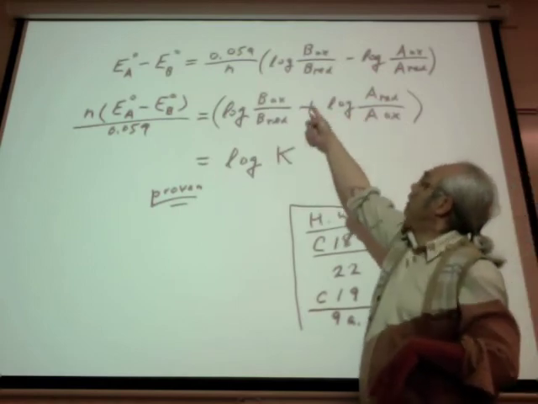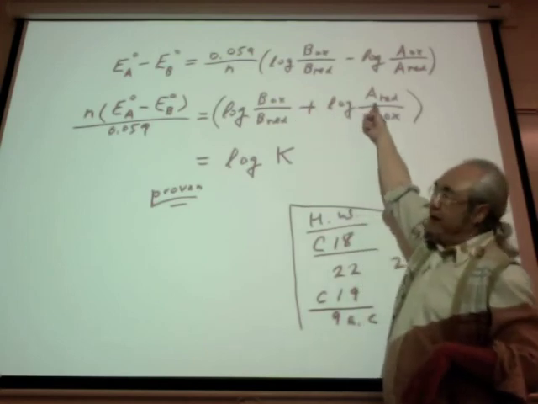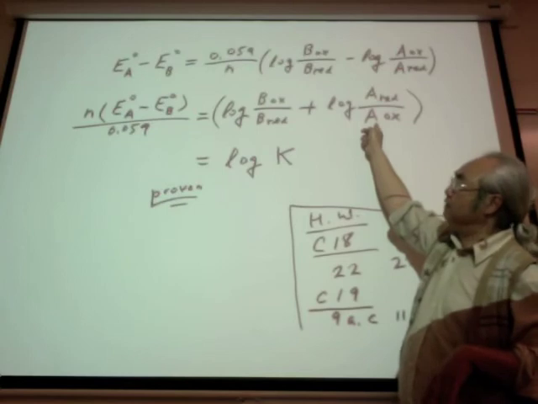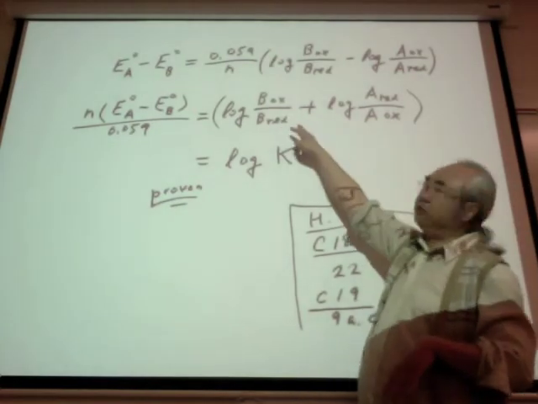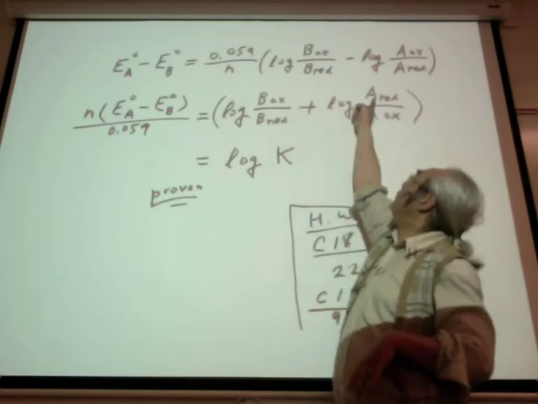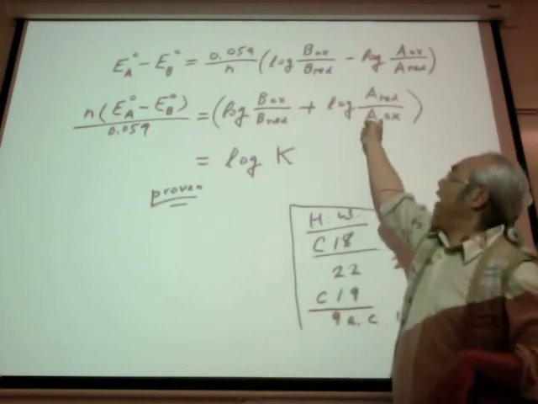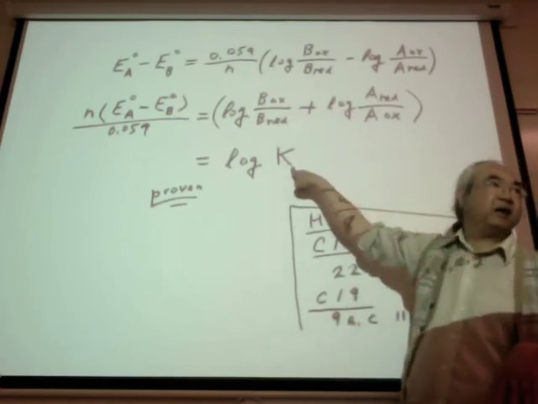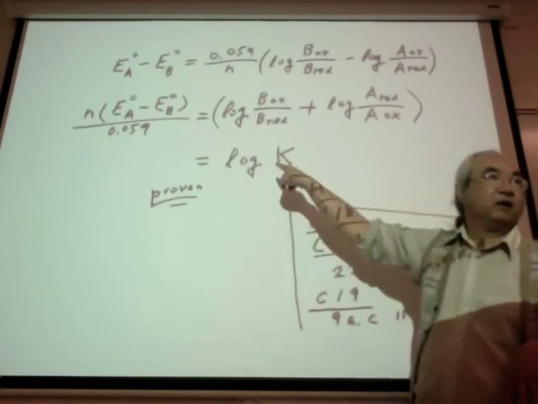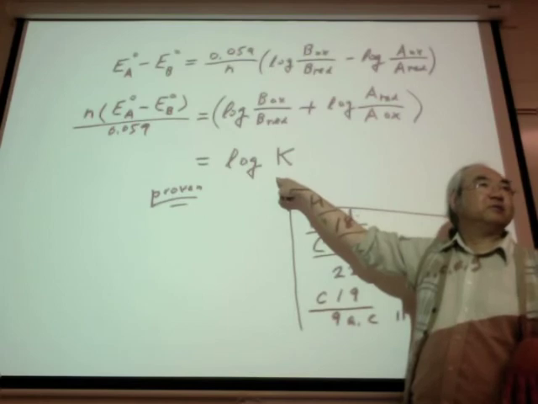So it is going to be B ox multiplied by A red over B red multiplied by A ox, and therefore that is the K. Previously K is equal to that multiplied by that over this multiplied by that, and therefore that represents the K. So that becomes a log K. Any question with that?